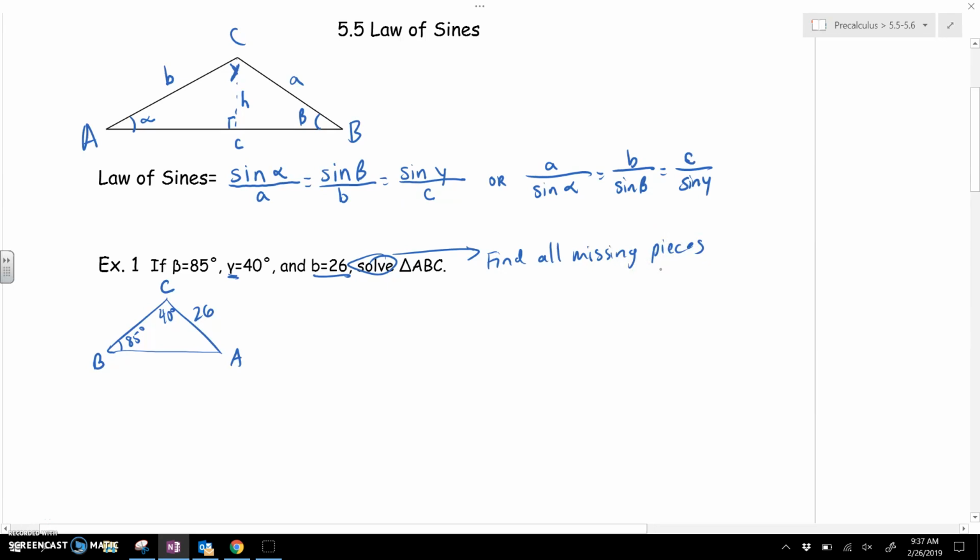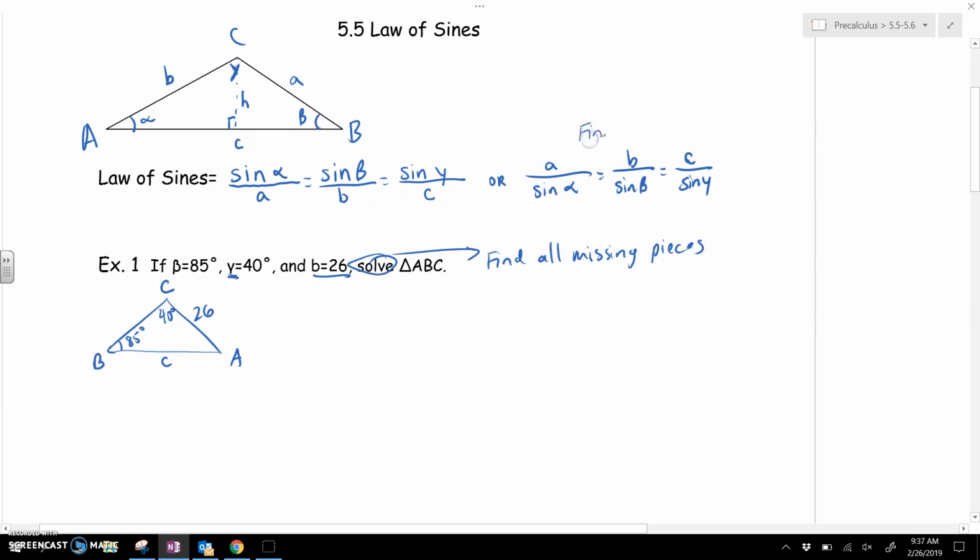All right. So the first thing I'm going to do is use the law of sines, and since I know angle C, I can find side C from that. I could also solve for angle A first, but I'm going to start by solving this one. Because I am solving for a missing side length, I'm going to use these over here.